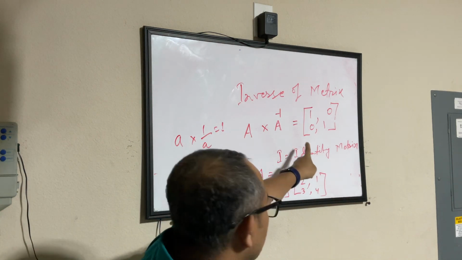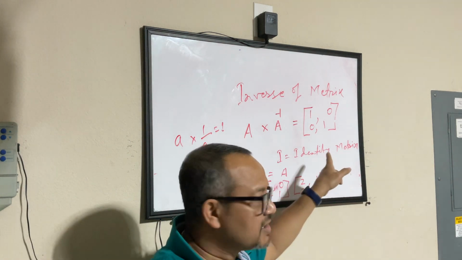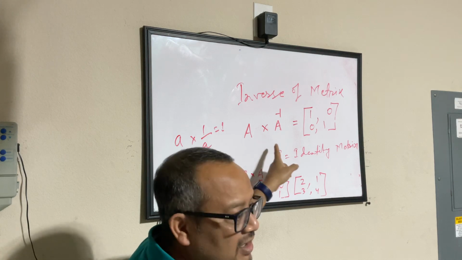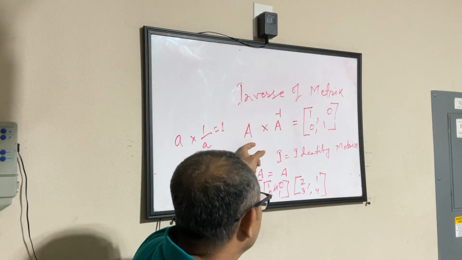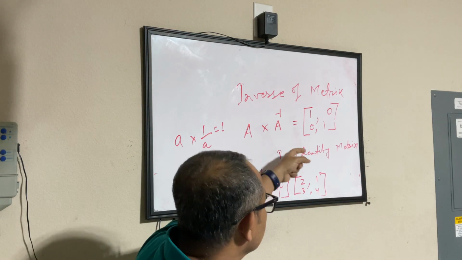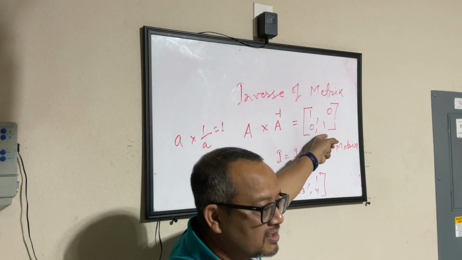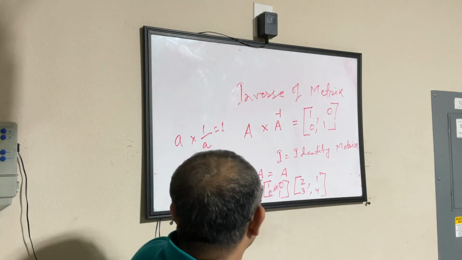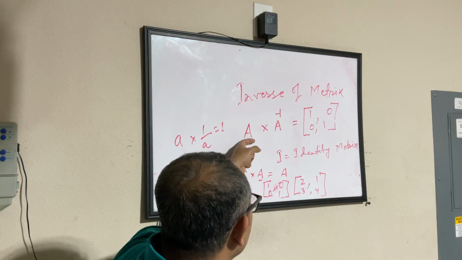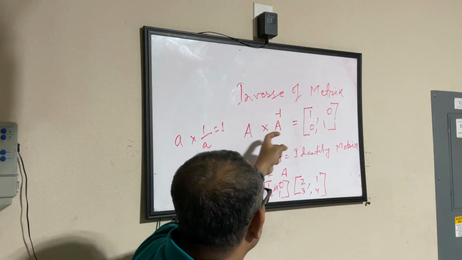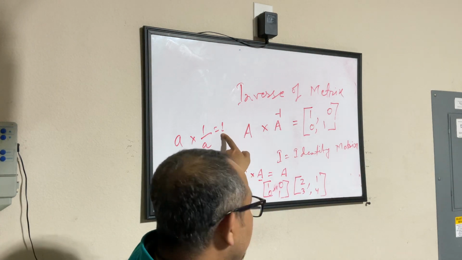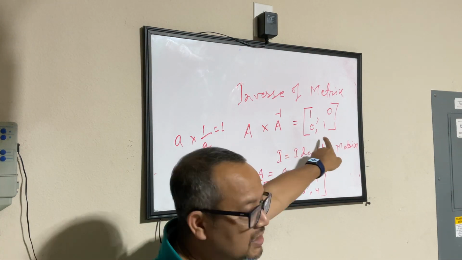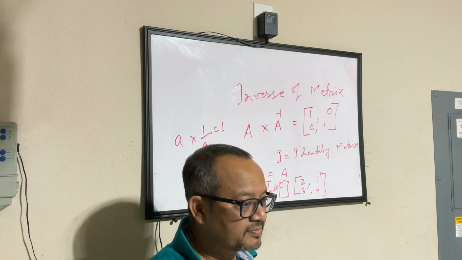Here it doesn't give me 1, because when you're multiplying two matrices, you don't get a scalar value, you get a matrix as an outcome. So that's why we cannot say that if I'm multiplying a matrix with the inverse of the matrix, I'll get a scalar quantity. No, but you'll get something similar to this, and that something would be nothing but the identity matrix.